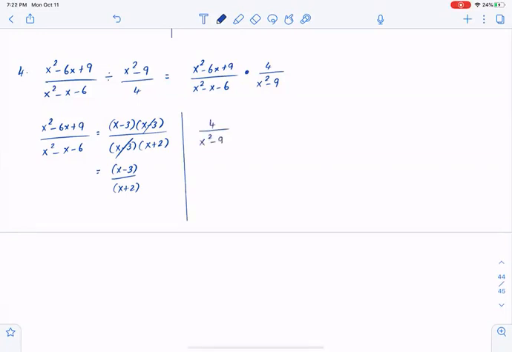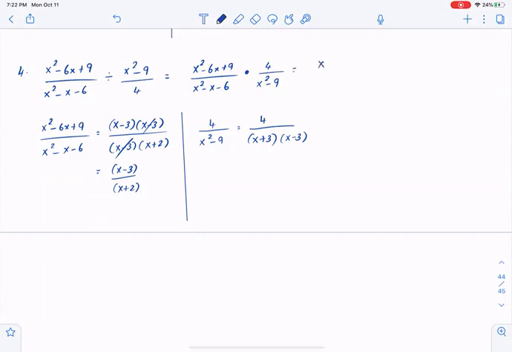The second rational expression, 4 over x squared minus 9, I could write it as 4 divided by x plus 3 times x minus 3. There is nothing else we could do with that particular expression.